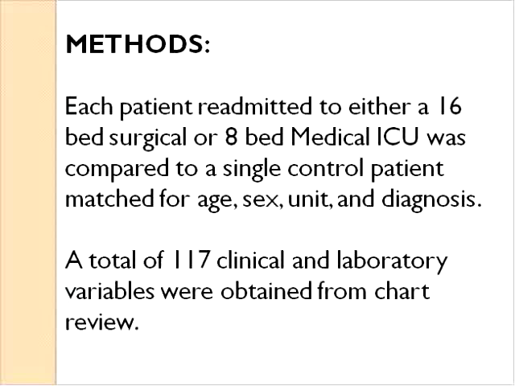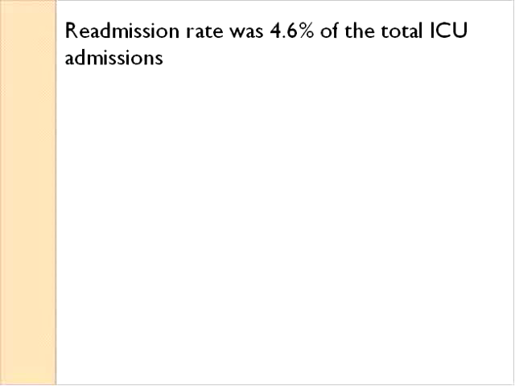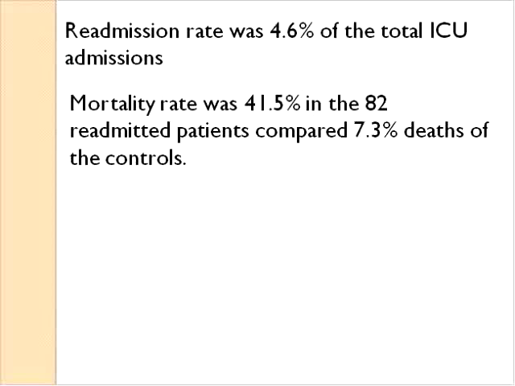We looked at a total of 117 clinical and laboratory values on each of the patients where they were available, and used that for analysis. Our overall readmission rate for both of those ICUs combined was 4.6%.